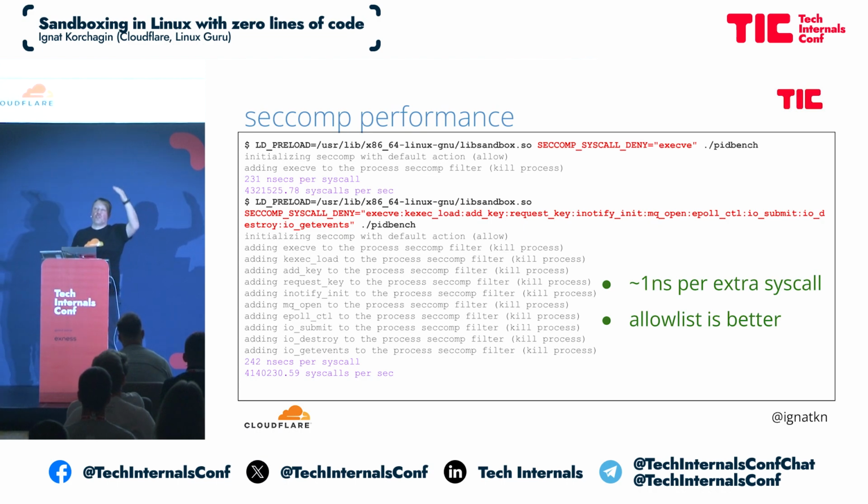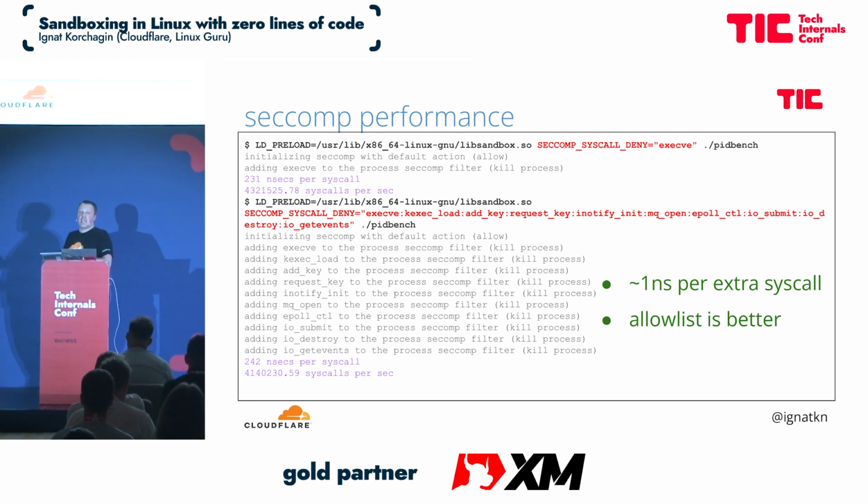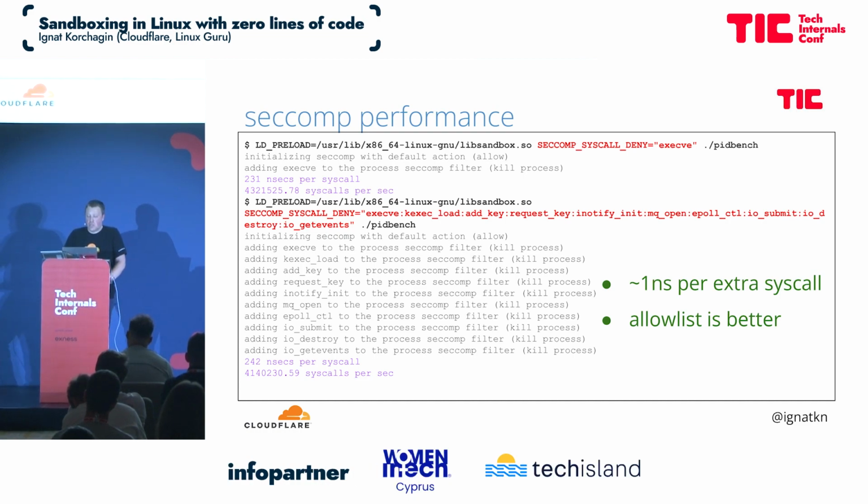So in the good case, you traverse the whole list of denied system calls. If you use the allow list and your workload is functioning as it should, you usually will exit the seccomp program much faster. So in this case, if you actually use an allow list, it will be a little bit better. But still, nanoseconds are not even in the microsecond domain, so nanoseconds are pretty much almost no performance overhead.